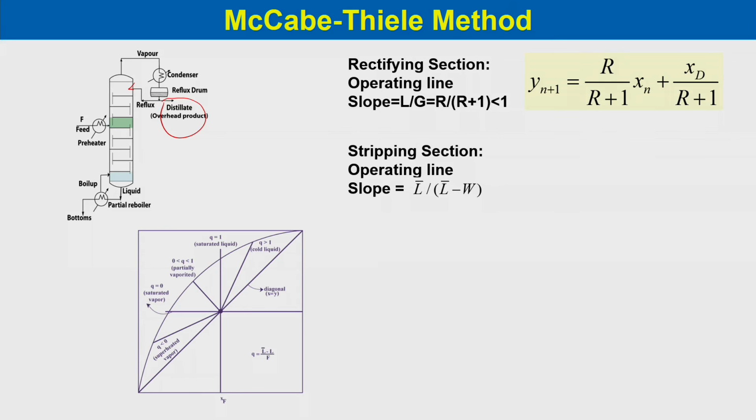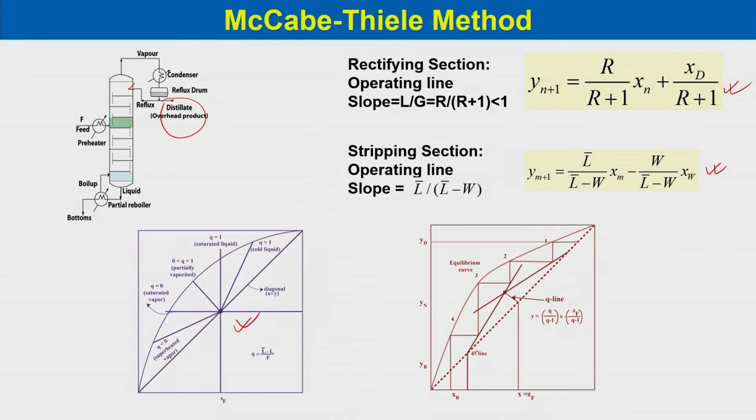The stripping section operating line slope is L bar by L bar minus W, and the stripping section operating line equation is y m plus 1 equals L bar by L bar minus W into x m minus W by L bar minus W into x W. So, this is the stripping section operating line equation, this is the rectifying section operating line equation, and these are the different feed lines depending on the feed condition.